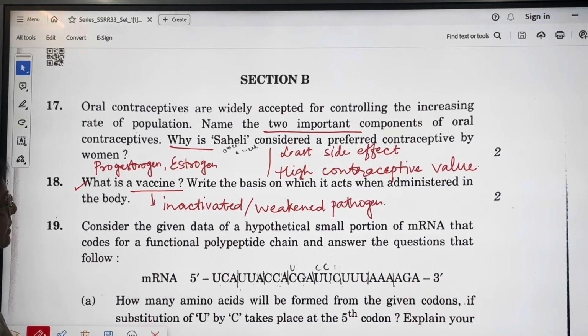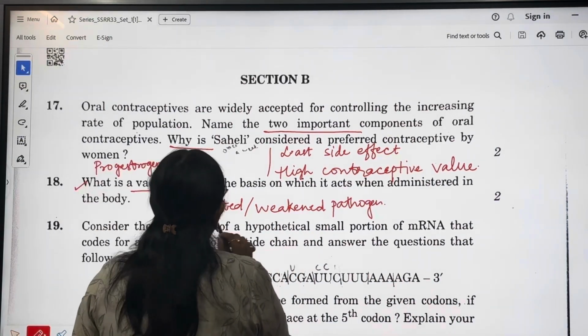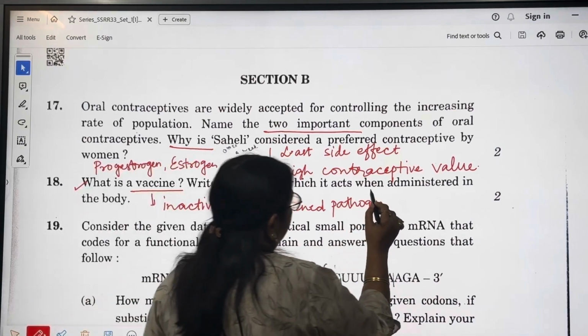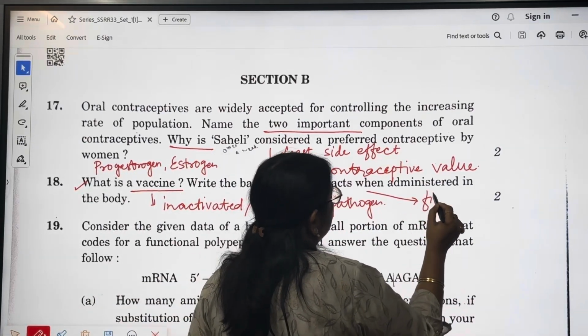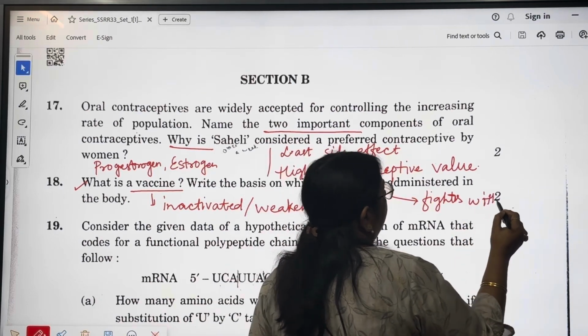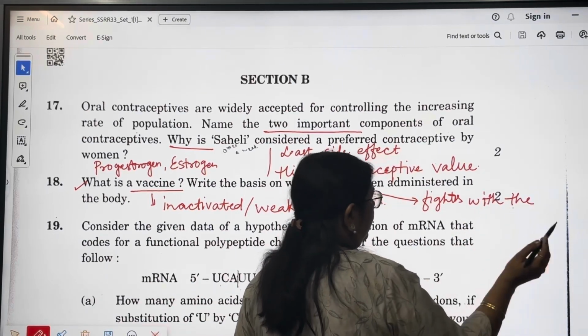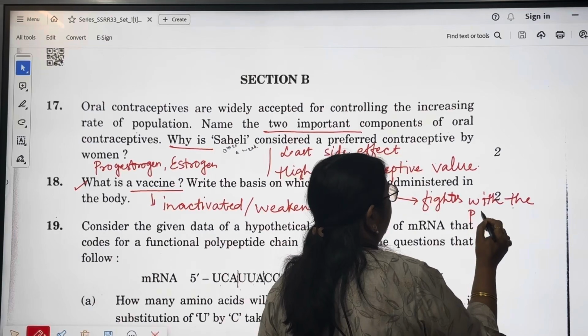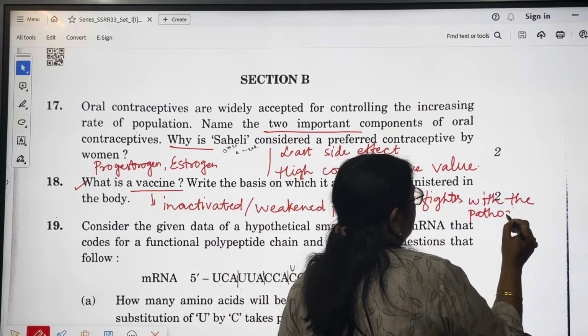Write the basis on which it acts when administered in the body. The introduction of vaccine in the body fights with the antigen by producing a large number of antibodies that fight with the pathogen. So this will be the answer.